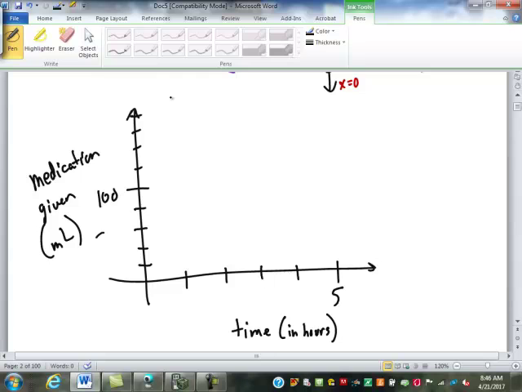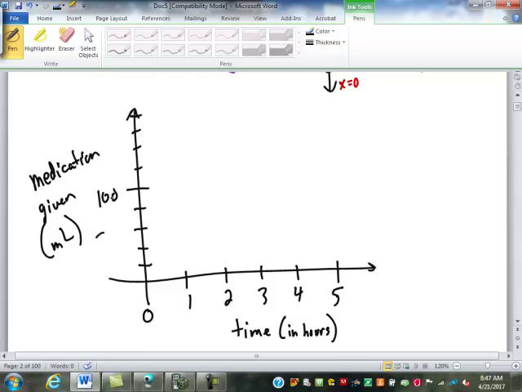Now, first of all, you notice I don't have to number every mark on my axis. I originally only numbered the 5 here, but I can go back and number the rest of them if I want to. But just having this one numbered, just like with our syringes, we can always go back and look between the markings and figure out what each marking is worth, assuming that this first marking is 0.